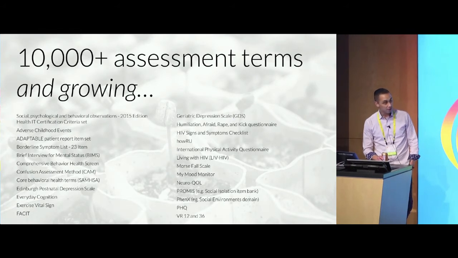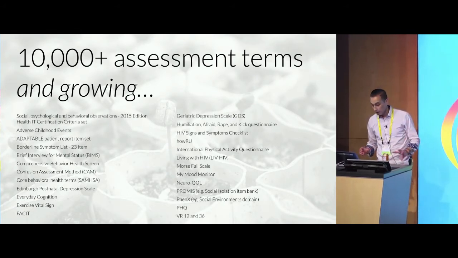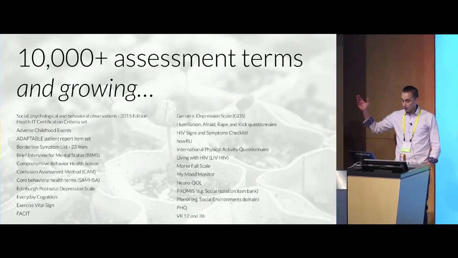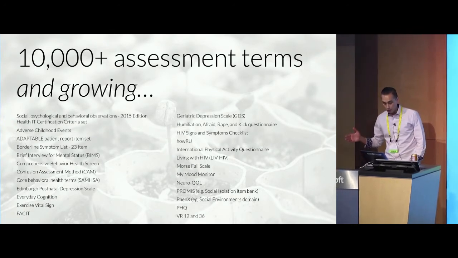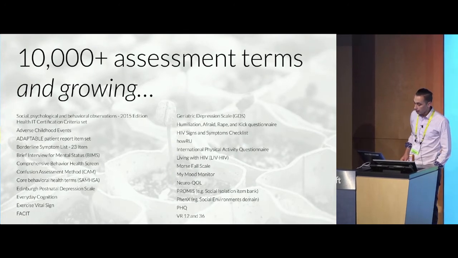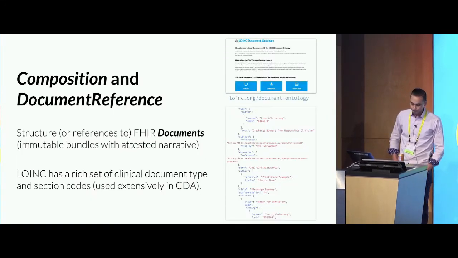We probably have more than 10,000 or so individual codes that are related to assessment instruments and these collections and so forth. And I've listed here just a few examples, the PROMIS instrument, the PHQ-9 and 2 and so forth. So this is a rich area of content within LOINC.